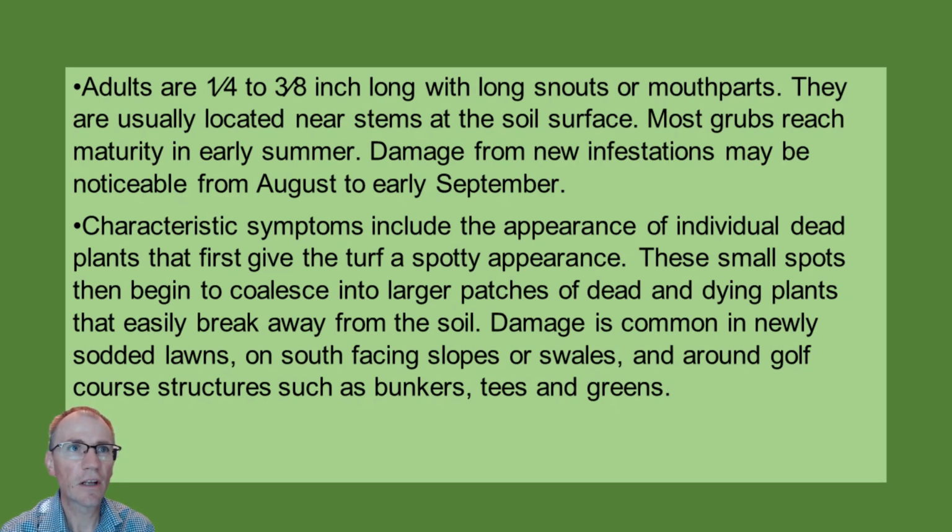Characteristic symptoms include the appearance of individual dead plants that first give the turf a spotty appearance. These small spots then begin to coalesce into larger patches of dead and dying plants that easily break away from the soil. Damage is common in newly sodded lawns, on south-facing slopes or swales, and around golf course structures such as bunkers, tees, and greens.